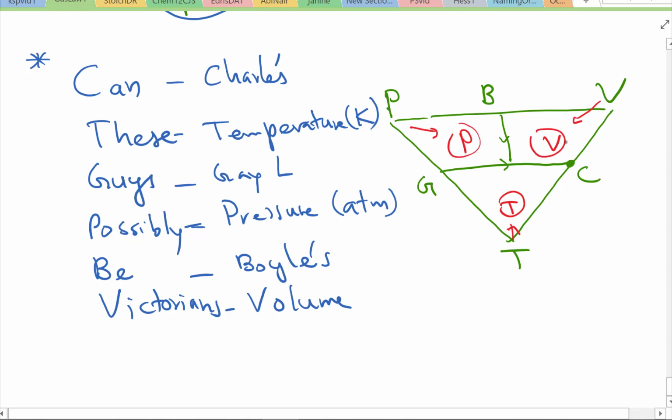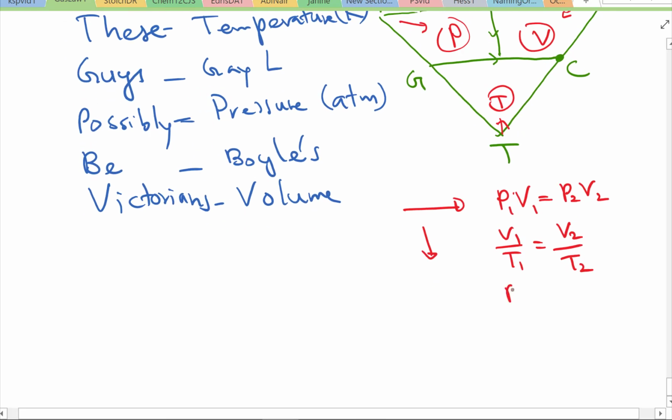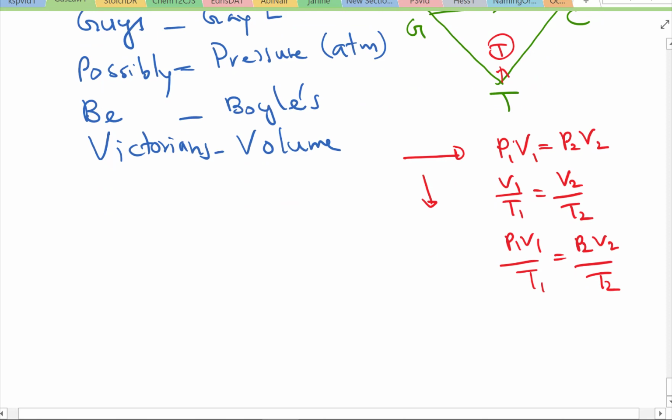That's the one. You can use it to pull out any of the rules. So P and V: if you go horizontal, you get P1 V1 is P2 V2. You go vertical, you get V1 over T1 is V2 over T2, or you can get P1 V1 over T1 is P2 V2 over T2, which is the combined gas law, right? So you can pretty much memorize everything on this one. Thank you.